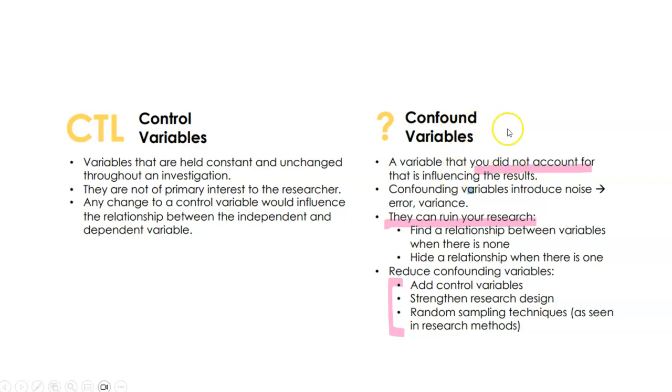And now we have a confound variable. Researchers normally don't think that these variables affect the outcomes. However, you can find confound variables for many different reasons, and it can ruin your research. If you have so many confound variables, that means your research design is not very strong.